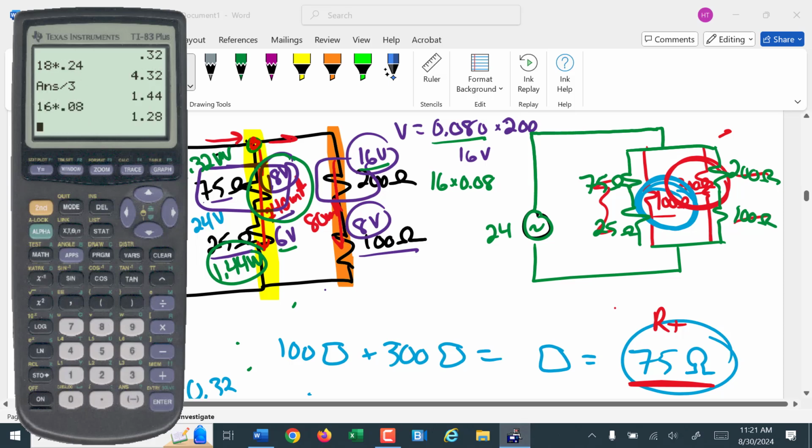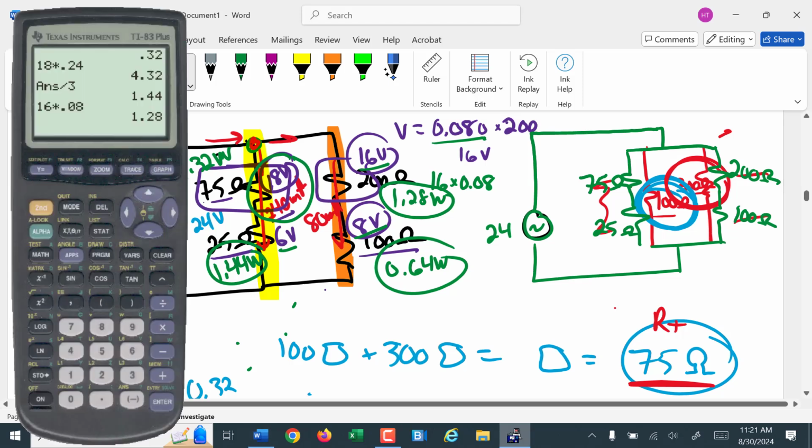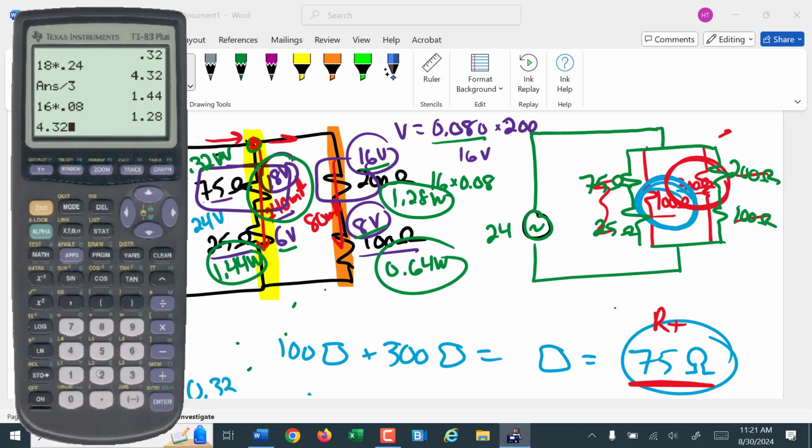Over here we have 16 volts, 80. So that's 16 times 0.08, which is going to be 1.28, is it? Yeah, 1.28 watts. This will be 8 volts times 0.08, which is going to be 0.64 watts.